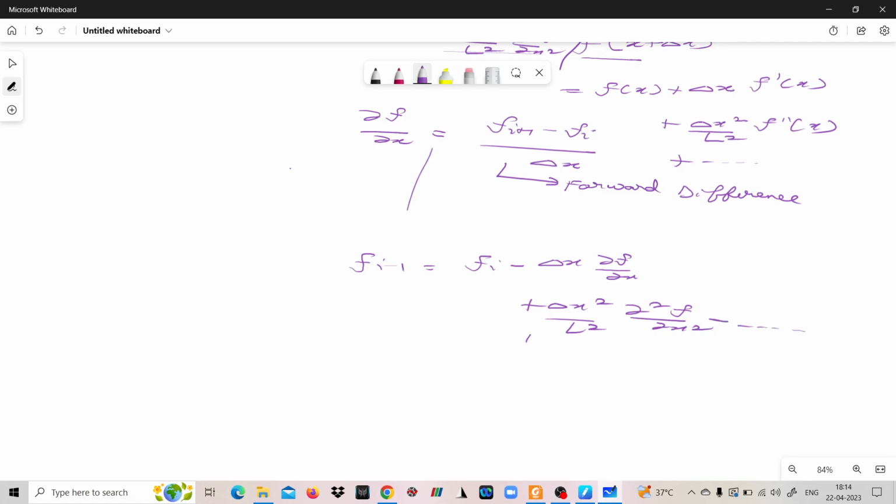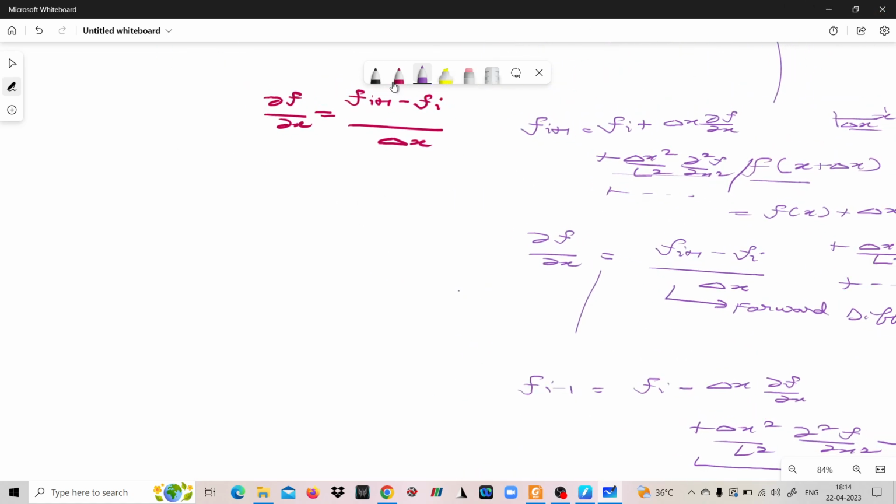If you again ignore the higher order terms, then del f by del x will be f I minus f of I minus 1 divided by delta x. So from backward difference consideration, delta f by delta x is equal to f I minus f I minus 1 divided by delta x.